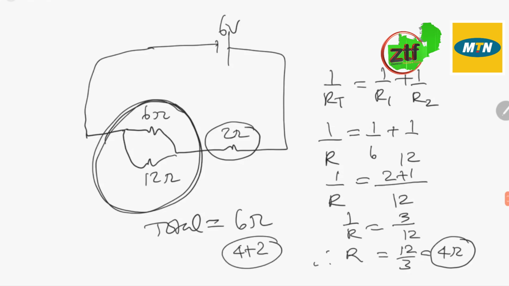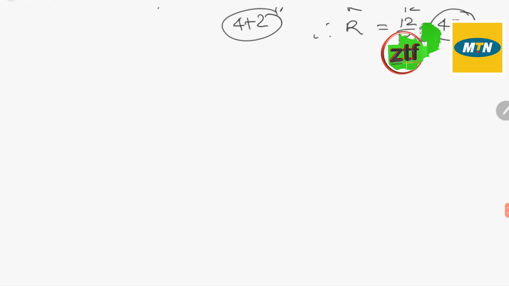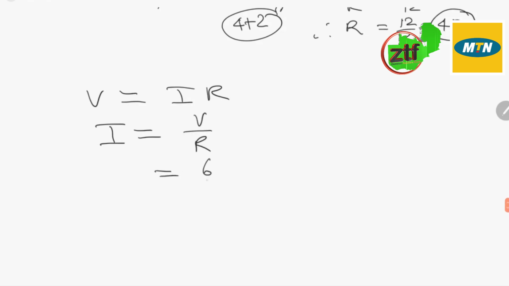We now have the total voltage and the total resistance. We can now say that V is equal to IR, so that the total current in the circuit is V over R. V is 6 and R is 6, so that we get 1.0 amps. This is the current flowing in the whole circuit.